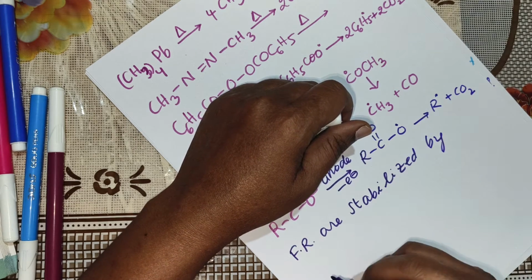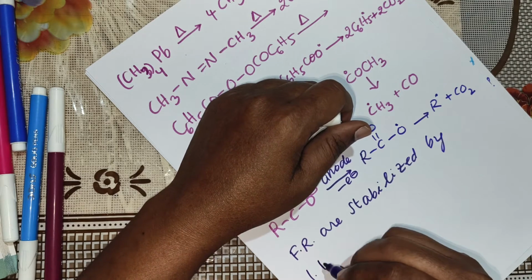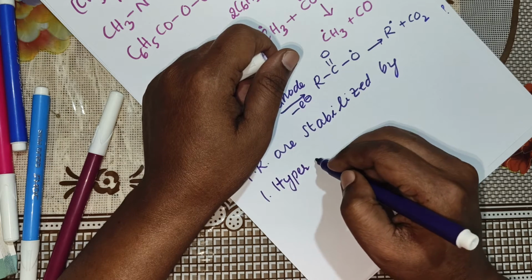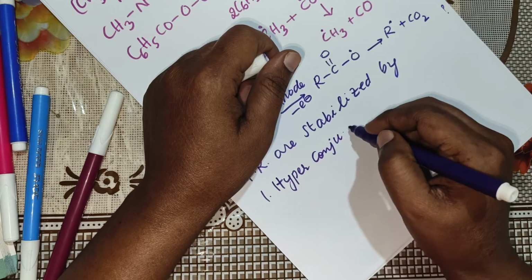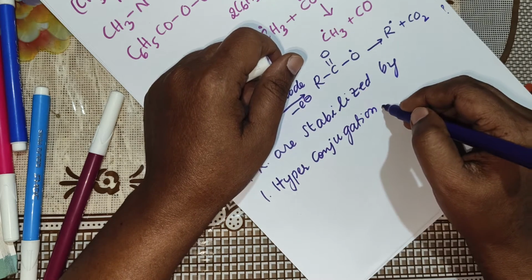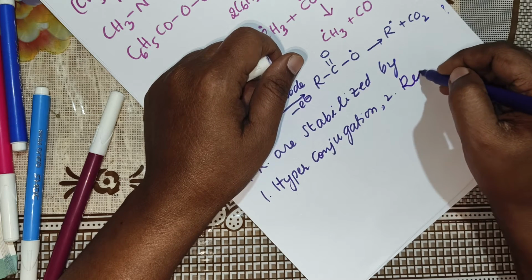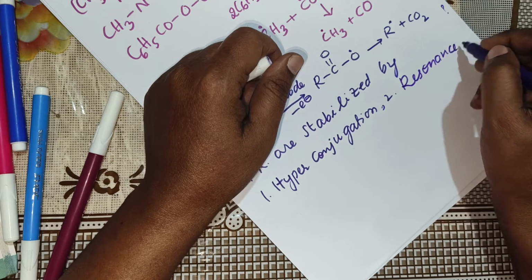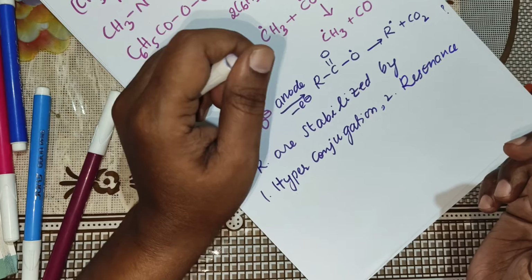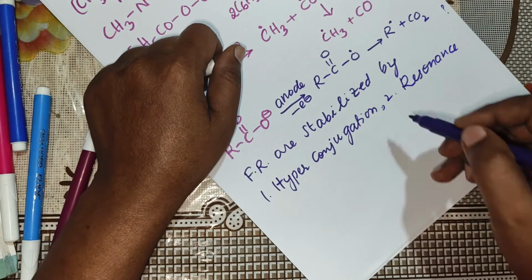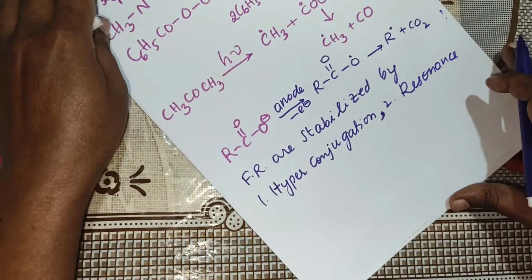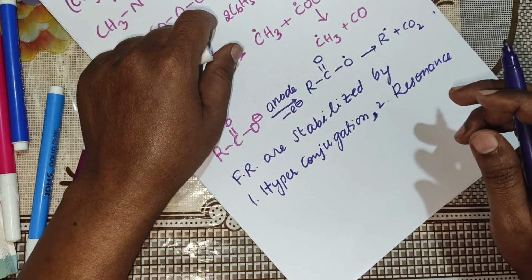First one, hyperconjugation, and the second one is resonance. These two main factors we can say here. These are stabilized mainly by hyperconjugation and resonance, you can see here.